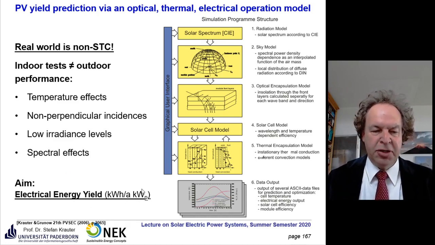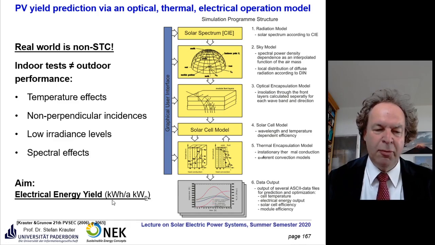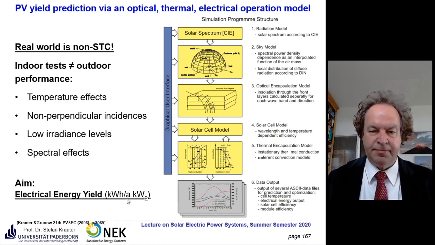For example, if you use a 1 kilowatt power plant under standard test conditions as a reference, and you want to know if I install 1 kilowatt of a PV power plant, how much kilowatt hour of electricity does it generate per year?